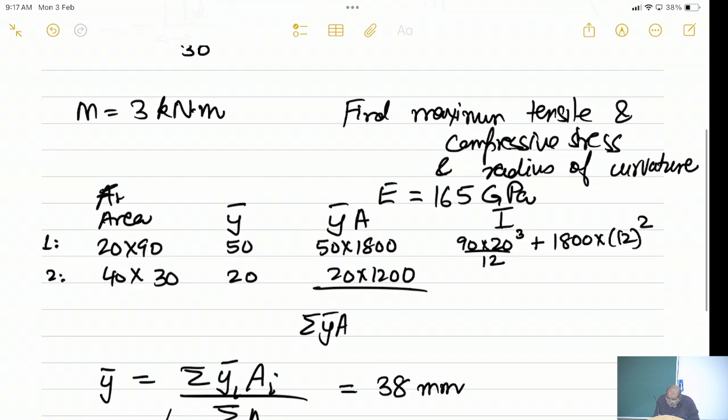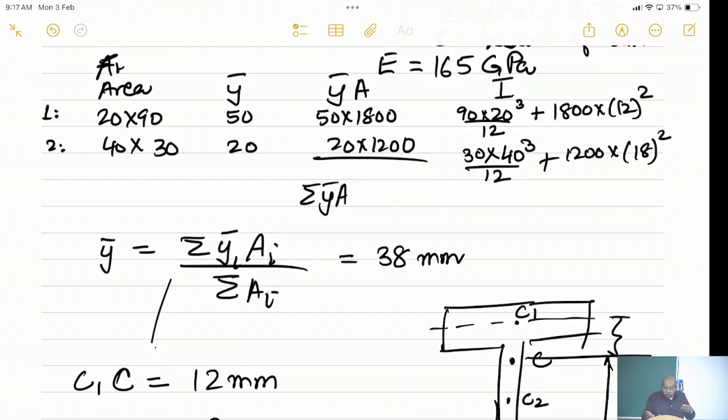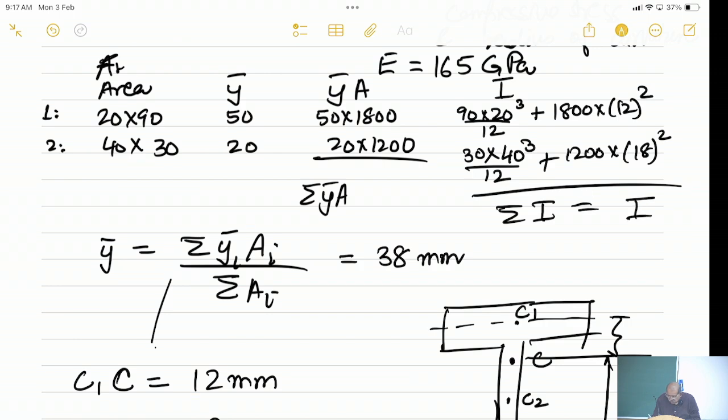And for the second one, it will be 30 multiplied by 40 cube upon 12 plus 1200 into 18 square. And once again, the units will be millimeter to the power 4. So you add up these two, and that will give you the total I, and then you can work out.